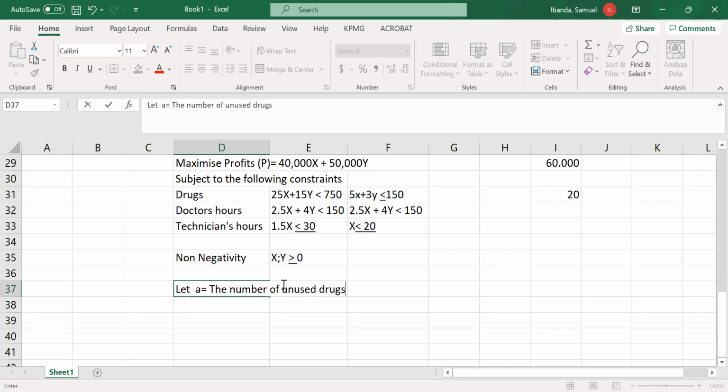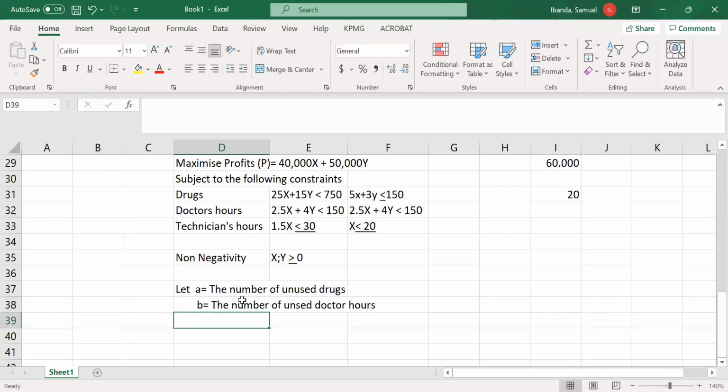Let A be the number of unused drugs, and let B be equal to the number of unused doctor hours.